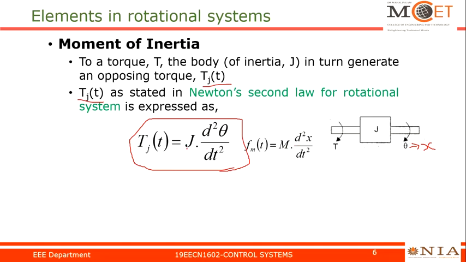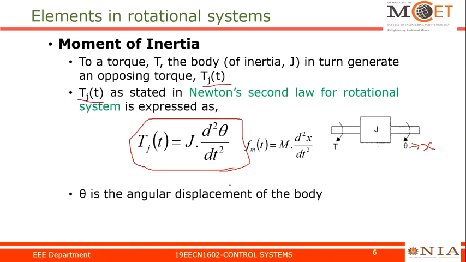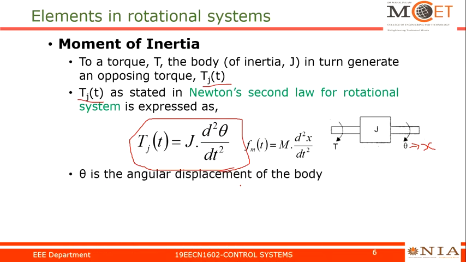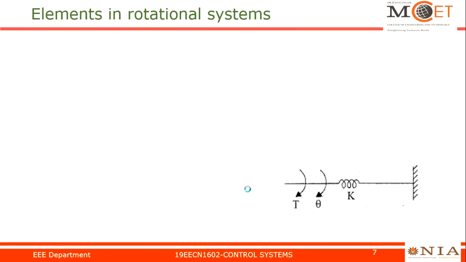Instead of m we are using J, instead of x we are using theta, instead of f we are using T. That is, force becomes torque, mass becomes moment of inertia, linear displacement becomes angular displacement. Theta is the angular displacement of the body.